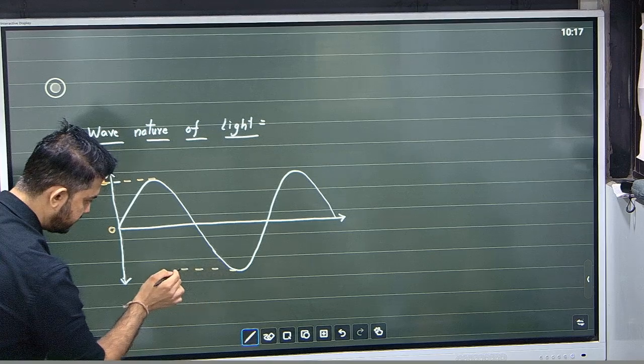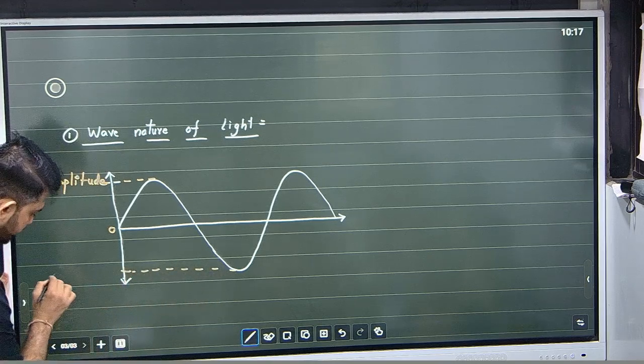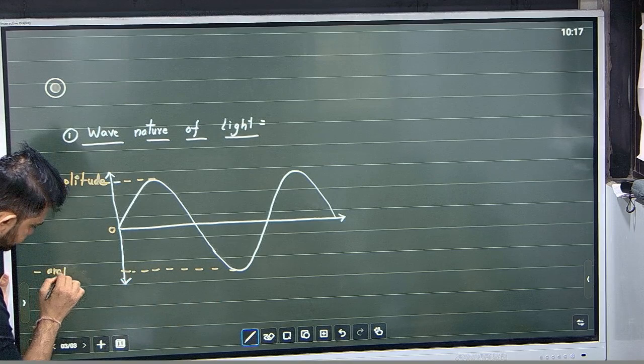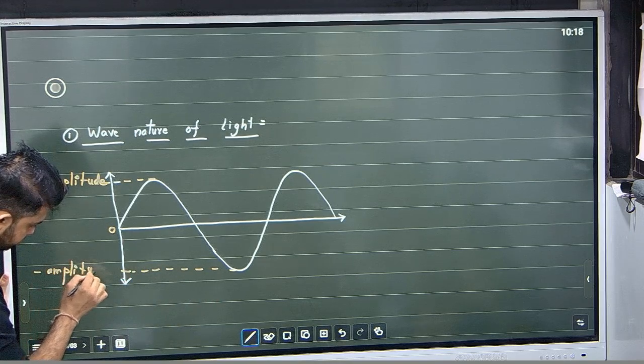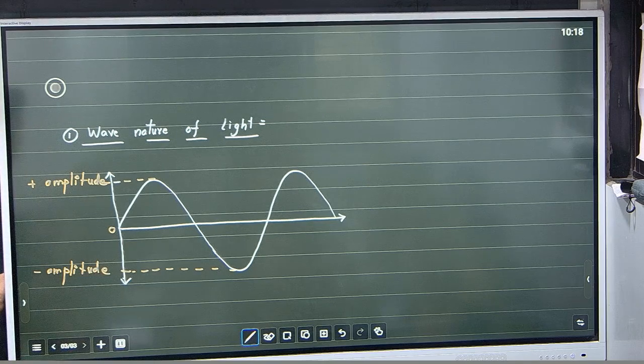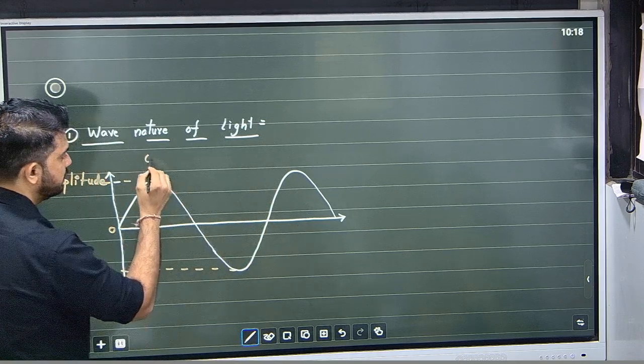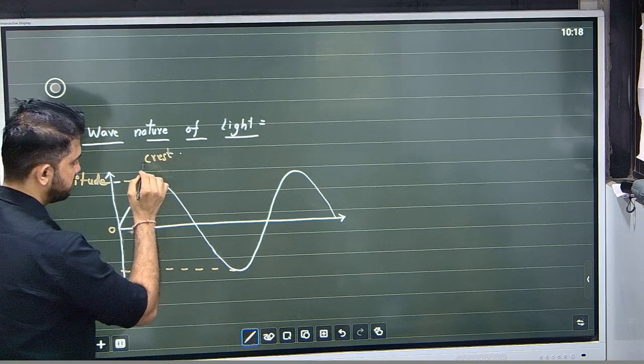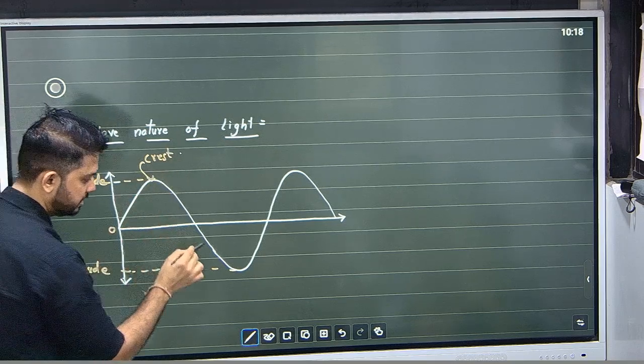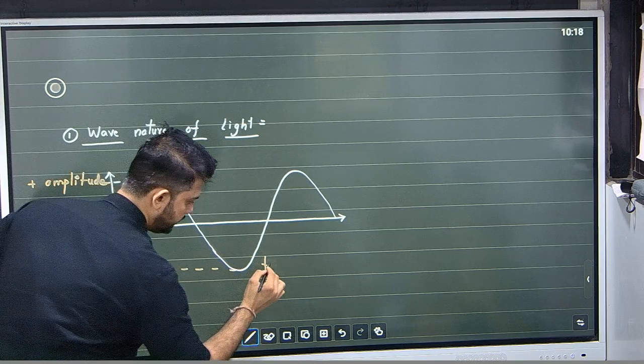If we draw it below, what do we call that? Negative amplitude. I think this is basic, we did it till 10th standard. What are these called? Louder. These are crests. What about this? Trough.